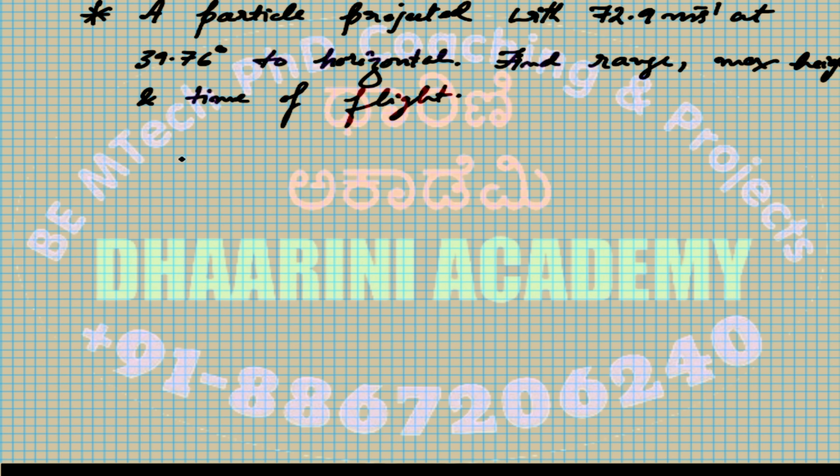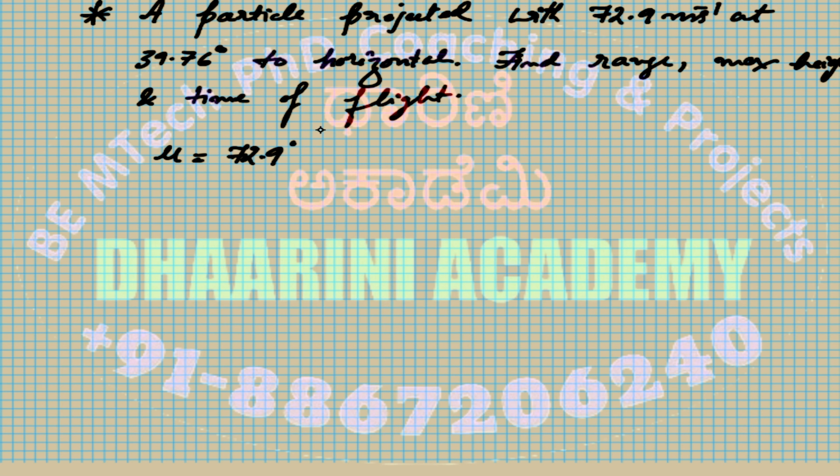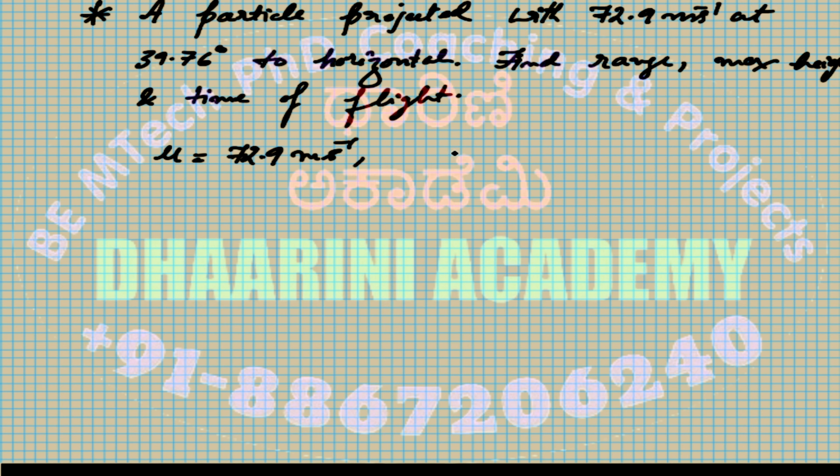So it is given that u is equal to 72.9 meters per second, theta is 39.76 degrees, and we'll take g is equal to 9.8 meters per second square.